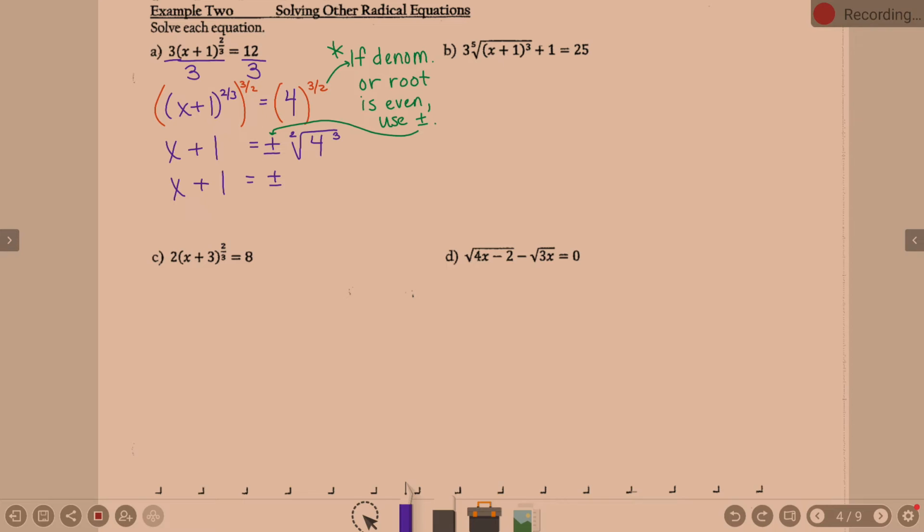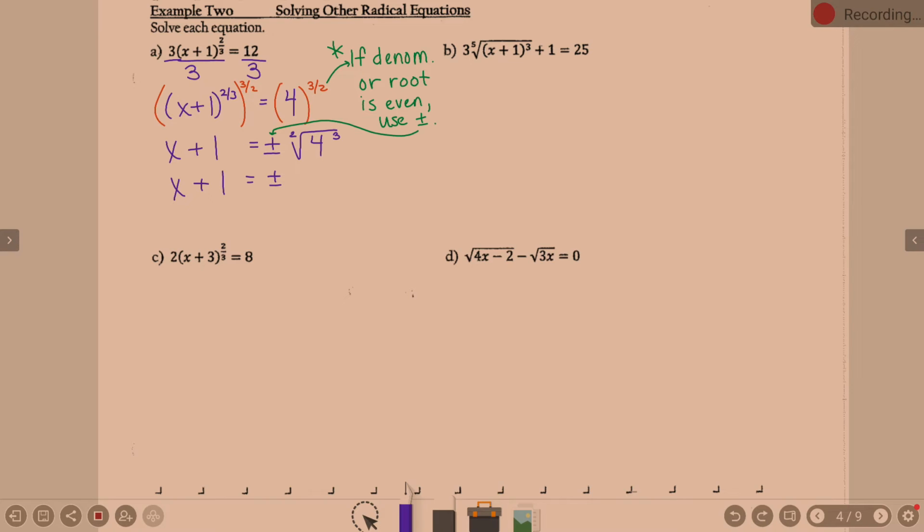Now, you can do this one of 2 ways. I personally am going to do the square root of 4 and then raise that to the power of 3, because I can do that in my head without having to grab my calculator. The other option is you can do 4 to the third and then do the square root of that. So, what's the square root of 4? 2.